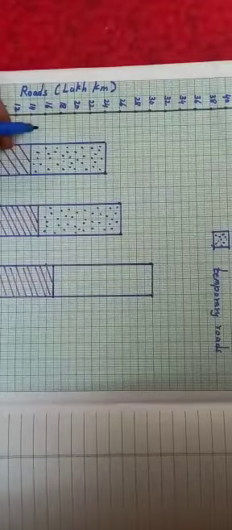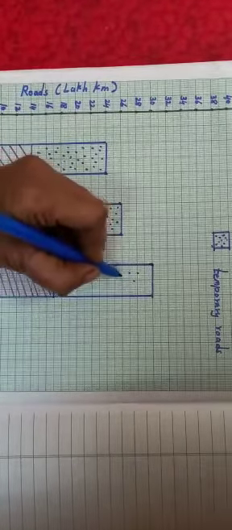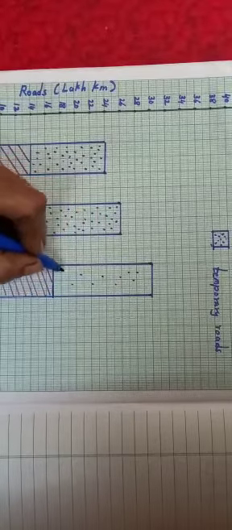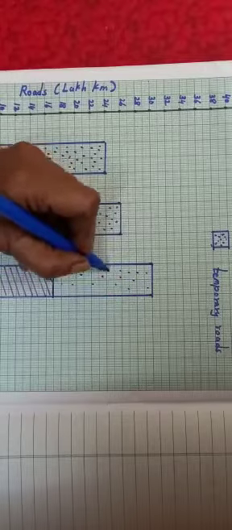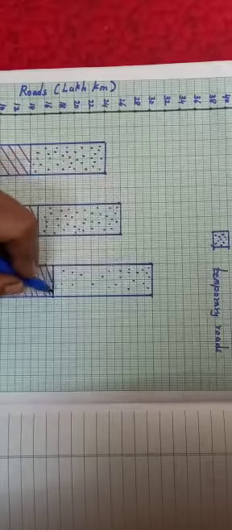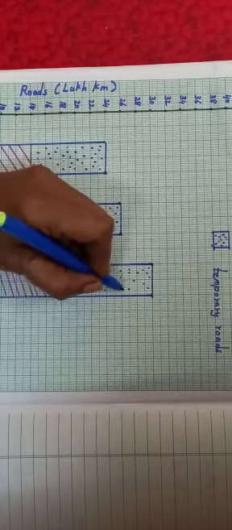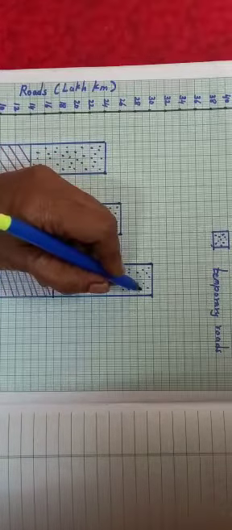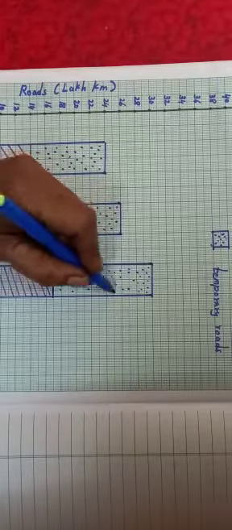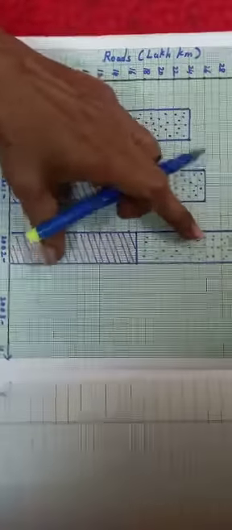Automatically the remaining part will be 13 only, and if you want you can also check. So you put dots like this. This way we have completed the bar for the year 2002 to 2003. One bar we have subdivided.